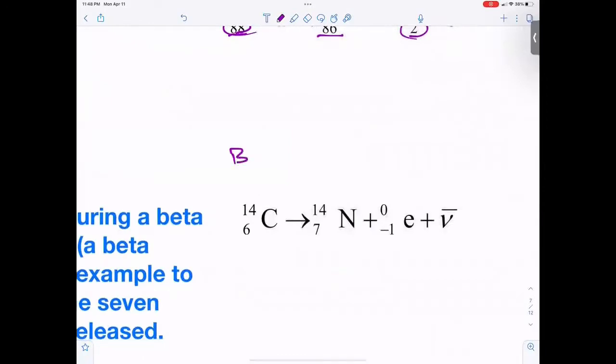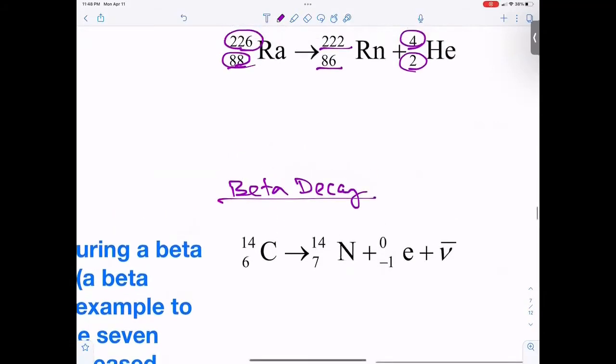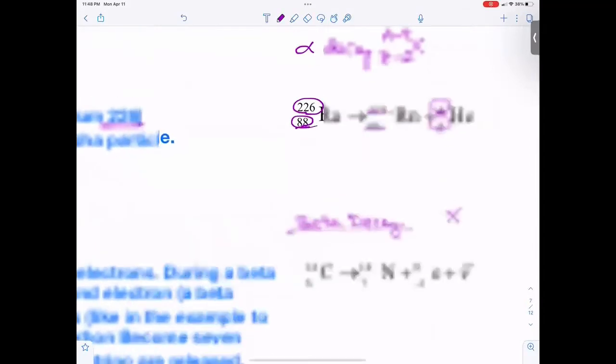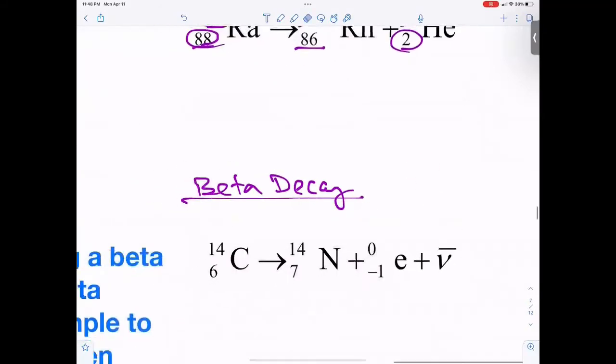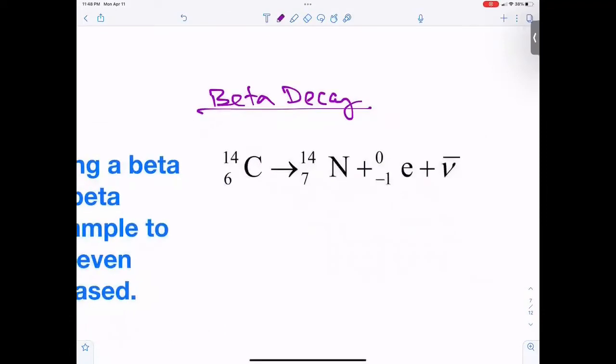For a beta decay reaction, here's what you're going to end up with. You have your nucleus, I'm going to call it X. This X represents your parent nucleus, with mass A and atomic number Z, and you've got your beta particle and your neutrino.